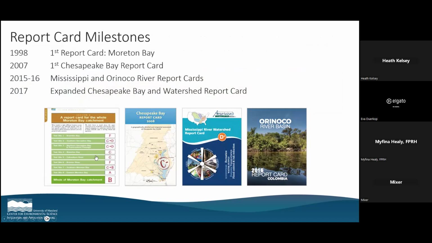He's no longer my boss, which is kind of strange, but he started the Moreton Bay report card in 1998, that some of you may have even been involved in. He brought that process and approach back to Maryland and began working on the Chesapeake Bay report card. The first Chesapeake Bay report card was created and released in 2007. And I started working on it in 2009.